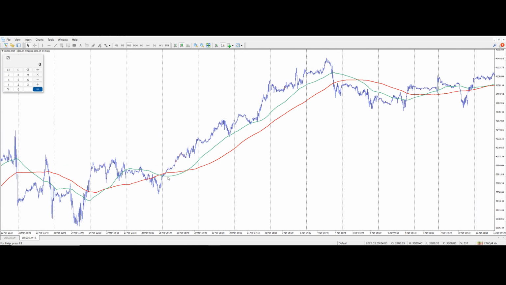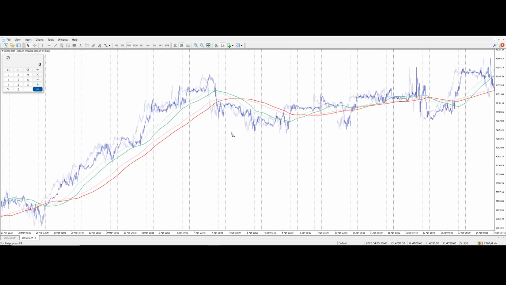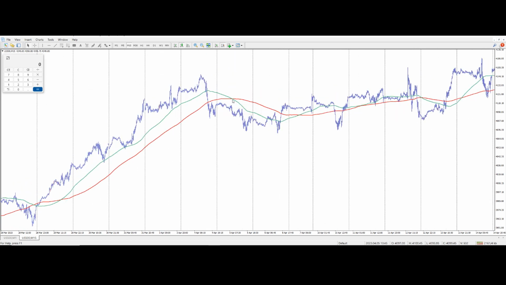But once the 100 is above the 200, it's bullish. And it's the same but opposite here. So it's bearish since the 100 crosses the 200 below.